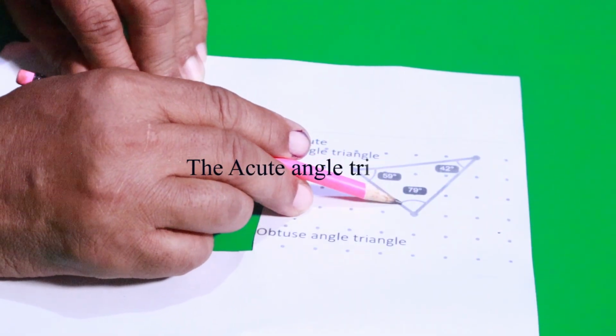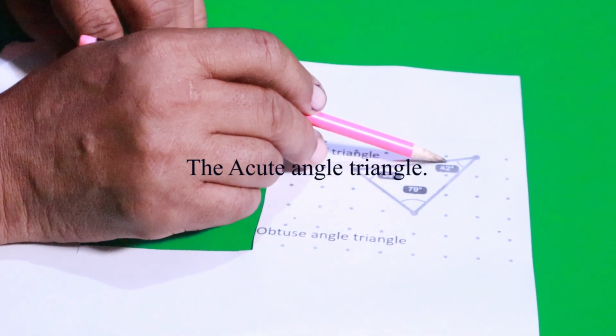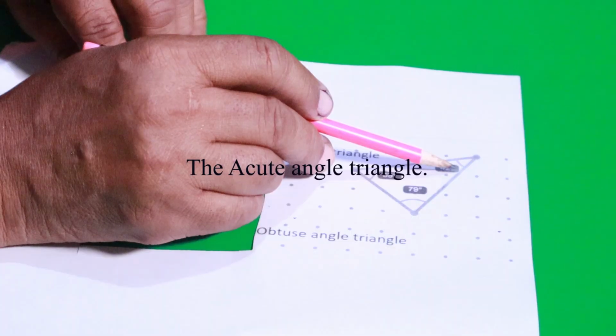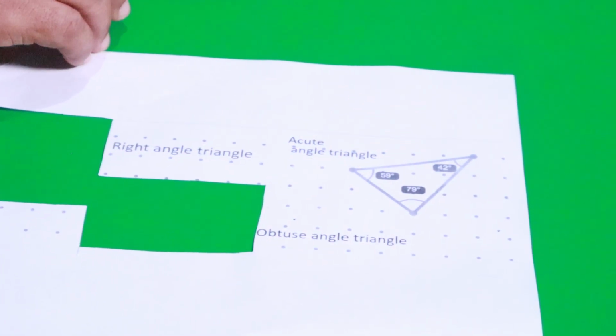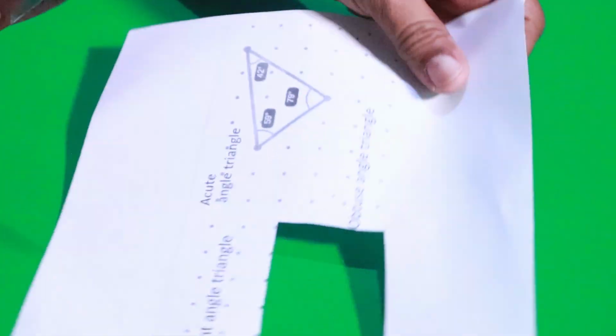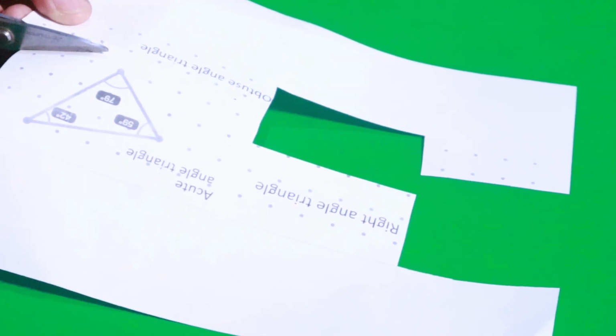This one measures 79 degrees, also less than 90 degrees. And the third angle between the line segments measures 42 degrees. So this is an example of an acute angle triangle. So I'll take my scissors once again, and I will cut out this triangle.